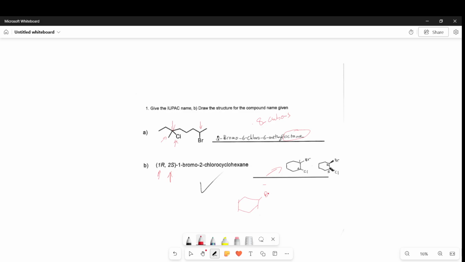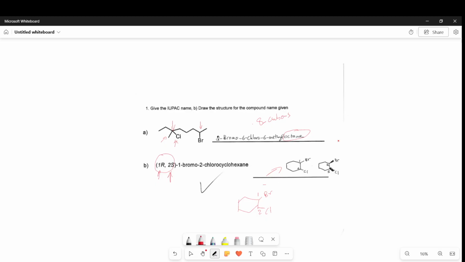You have a bromine and a chlorine, as is indicated here. But the point here is the stereochemistry, how they are configured in space, is important. That means the bromo is an R and the chloro is a 2S. So this is the 1 position, that's the 2 chloro position.